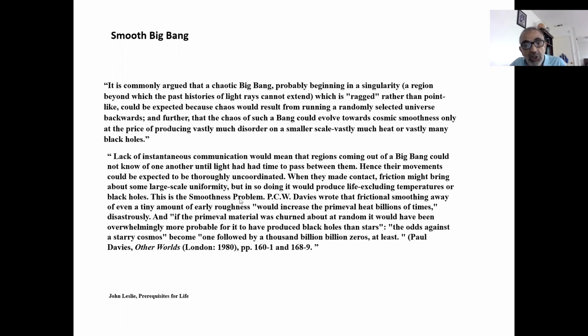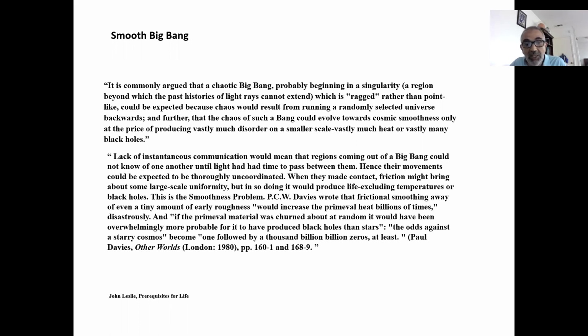And this in cosmology is actually known as the Smoothness Problem. And the famous physicist Paul Davies wrote that frictional smoothing away of even a tiny amount of early roughness would, quote, increase the primeval heat billions of times. And that would actually be disastrous.